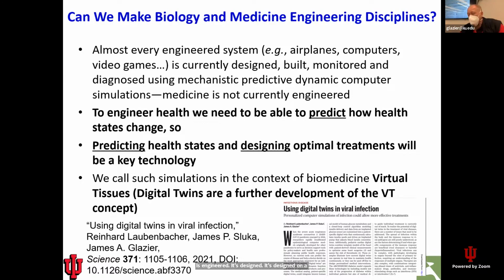Biology is one of the few areas where we don't really design things. There aren't detailed models of how the body works to predict how your body will respond, for example, to drug treatments. And so if we're going to make health something that can be engineered, we have to be able to predict how health states change. That's really a critical new technology. It often comes under the heading of digital twins.